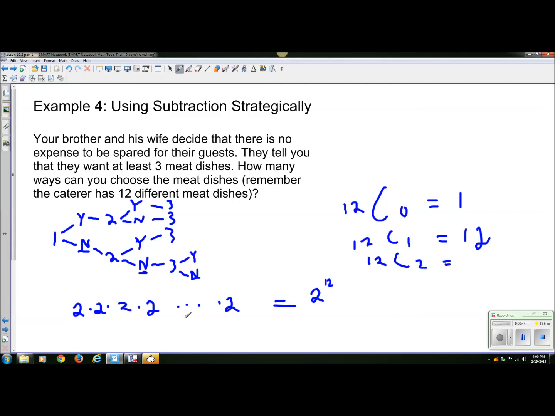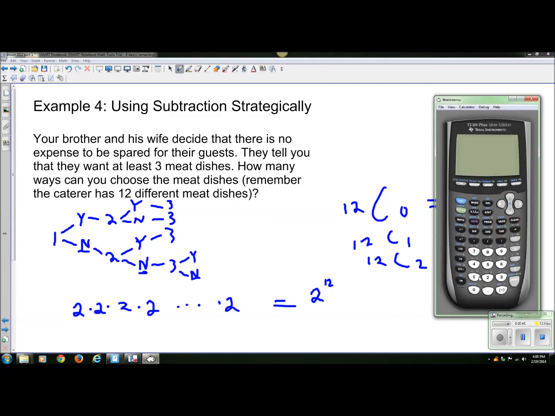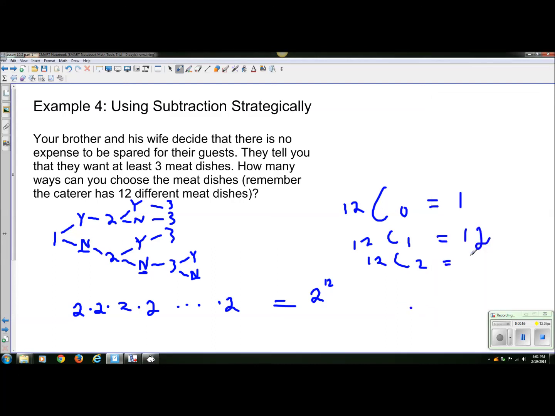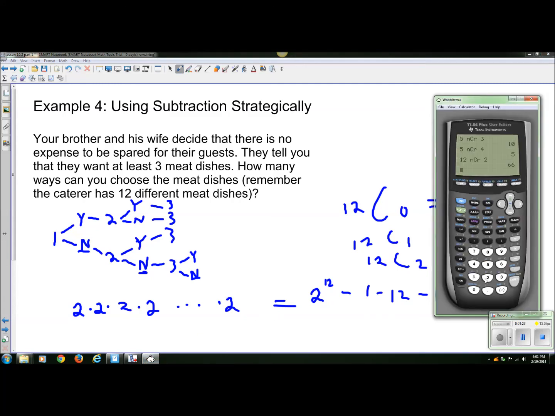Which I don't actually know what that is, but my calculator does. 66. So my answer here really is 2 to the 12th minus 1 minus 12 minus 66, which is 4,017.